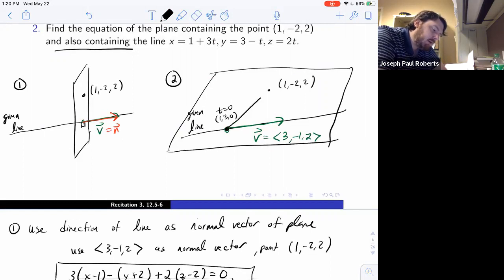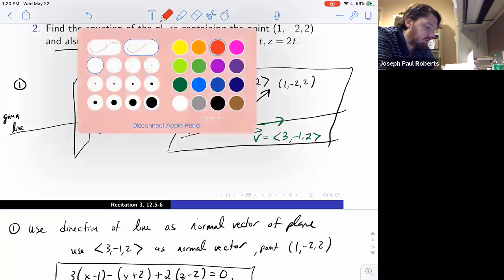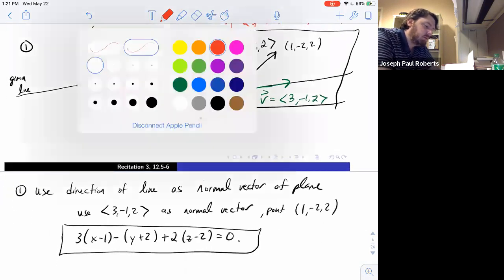And so now we can get a displacement vector between these 2 points, which is going to be 0, -5, 2. And then take the cross product of those 2 vectors to get something perpendicular to the plane that we're looking for. So that's what we need to do.